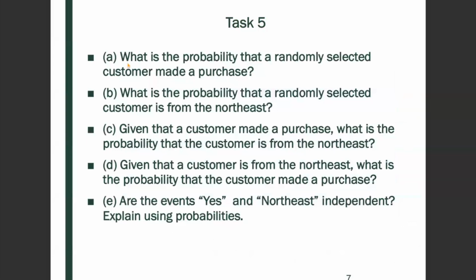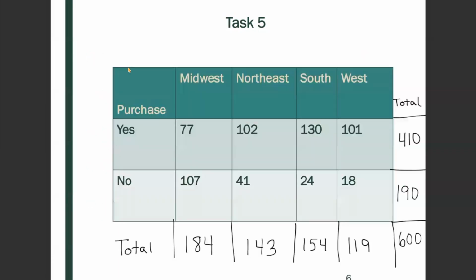So the first question is, what is the probability that a randomly selected customer made a purchase? So here we would be looking if they made a purchase, that would be yes. And so we want to know if a randomly selected customer, so it wouldn't matter what their location is, made a purchase.